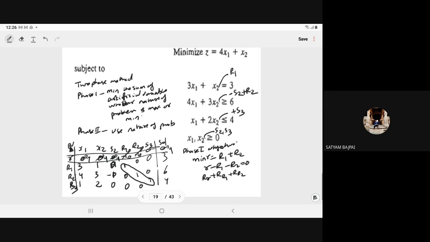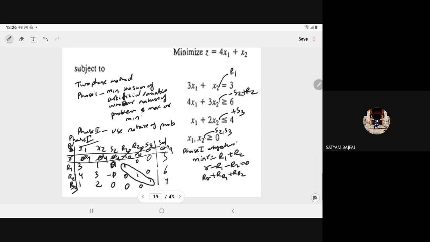We solve the problem in phases. For phase 1, the objective function is minimization of the sum of artificial variables. So here we have written the first consistent table of phase 1.